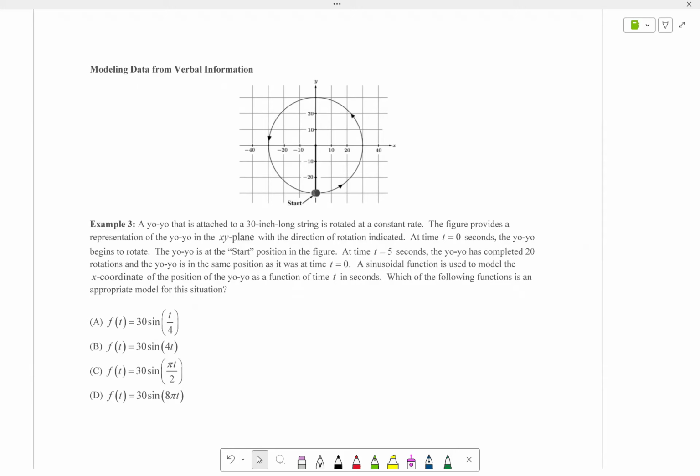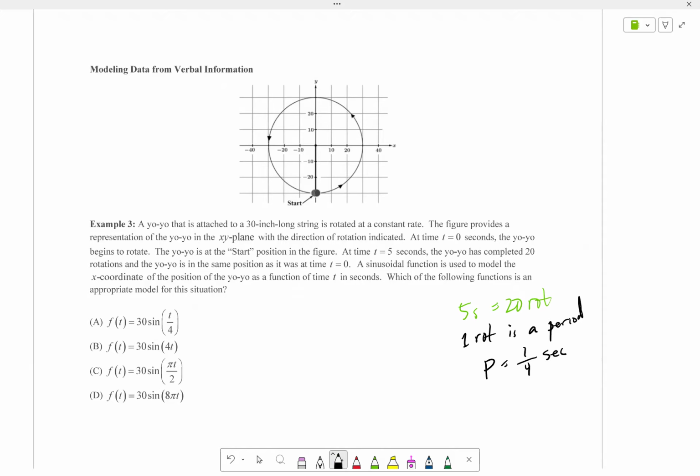Because if 5 seconds equals 20 rotations, you want to find the rotation that comes back to the original spot. So we're okay with 1 rotation being a period. And what did you find out from there? So 1 rotation is 1/4.